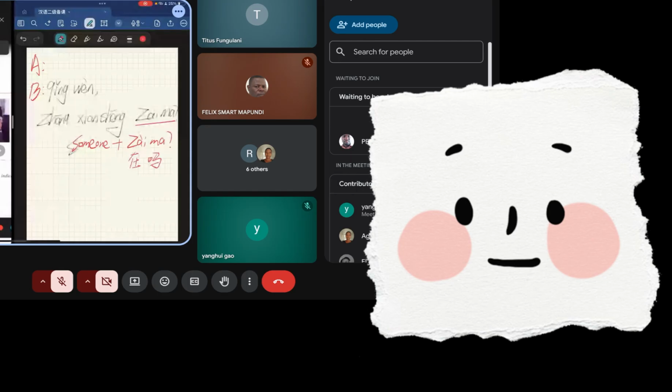Or is the teacher here? 老师在吗. Or is Mia here? Mia 在吗. So we use this form, someone 在吗, to ask whether someone is present.